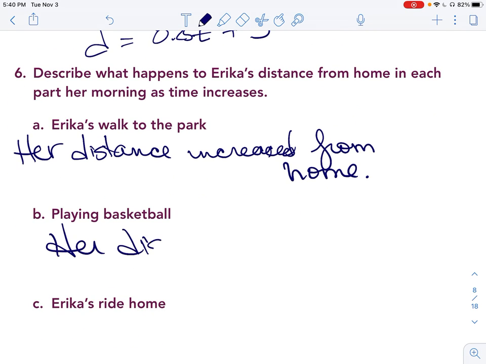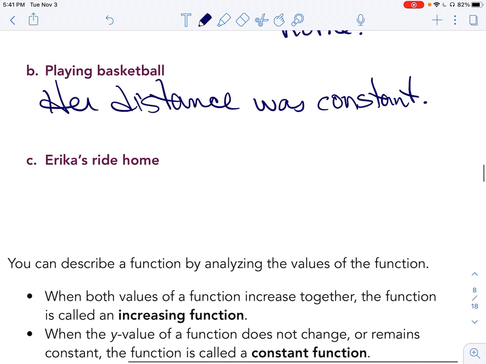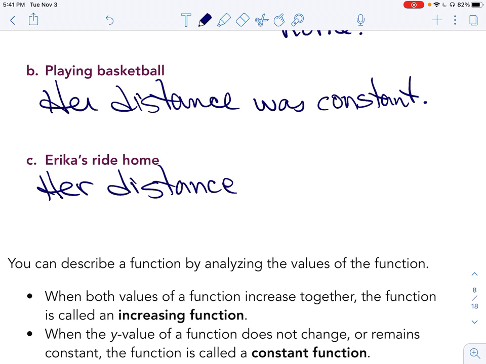Her distance was constant. It didn't change. Constant. Okay? And then on her way home, her distance decreased.